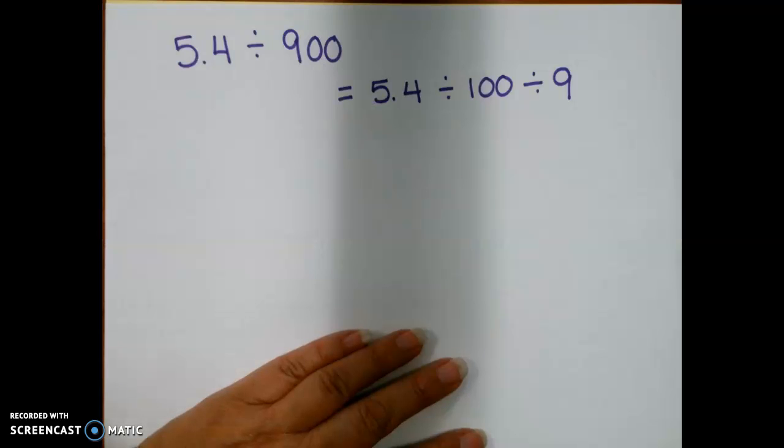Here's our last problem, and then you're going to do some on your own. So this time I'm going to divide 5 and 4 hundredths, or sorry, 5 and 4 tenths by 900.